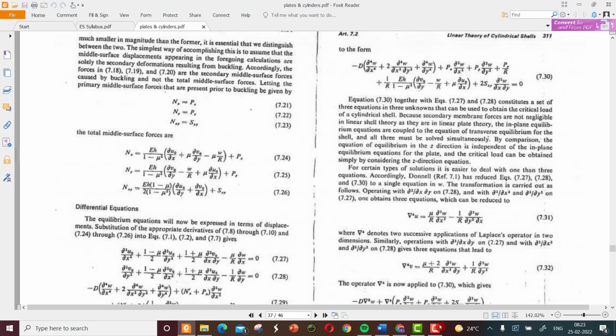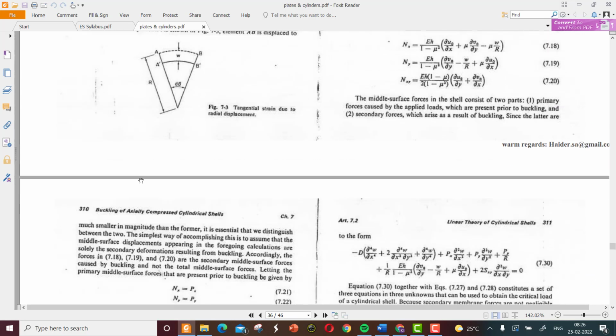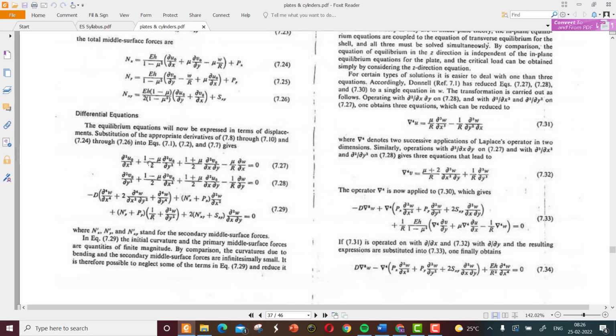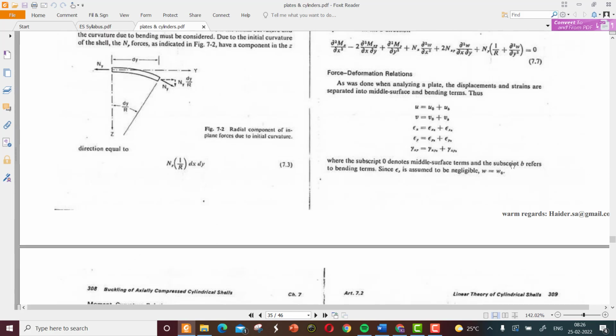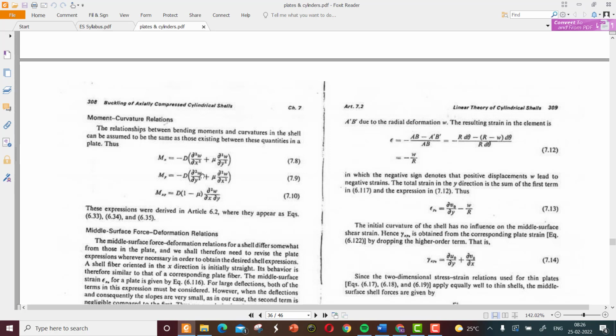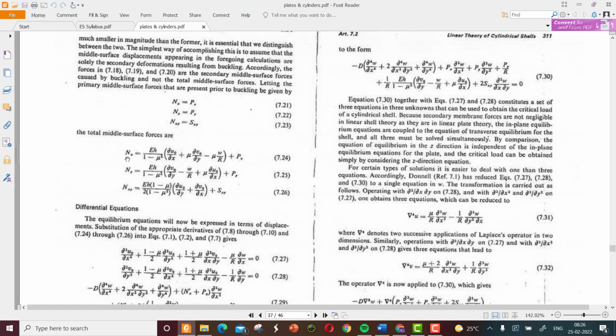Once we substitute the appropriate derivatives of 7.8 through 7.10, we have those equations here, the derived equations for the moments from the plate equation, and 7.24 to 7.26, which give the relation between the axial forces and the axial stresses taken from the displacement equations.